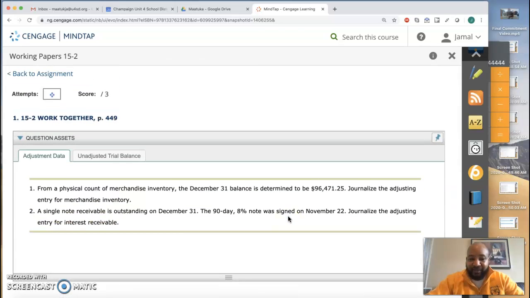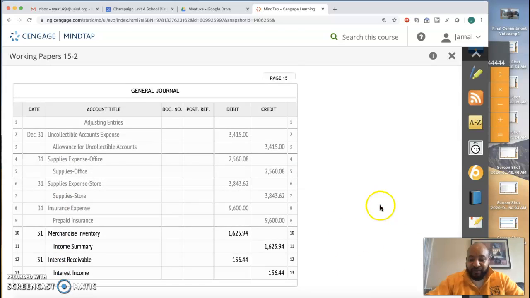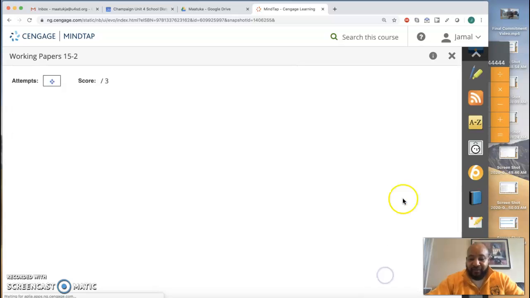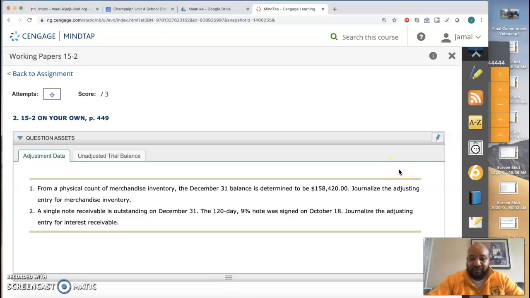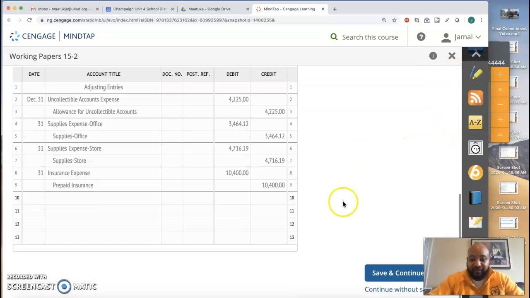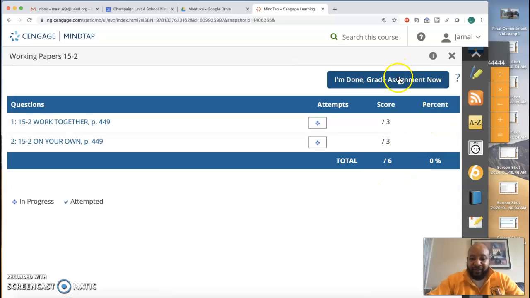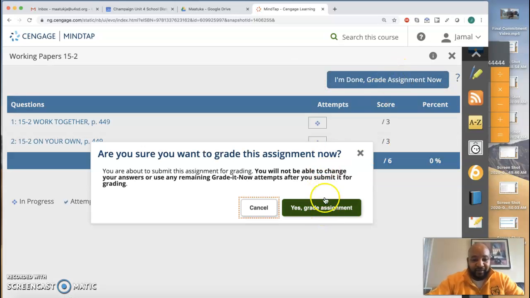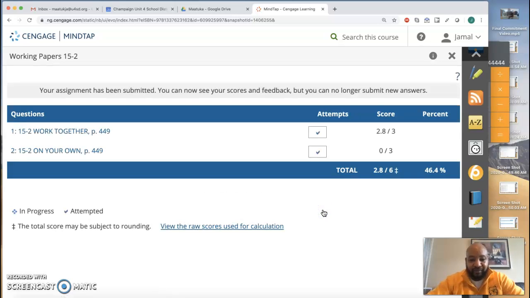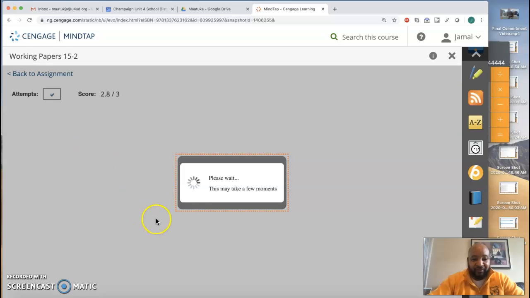That's my problem. Not save and continue. Let's go save and continue. Where's my grade? I'm done, grade assignments now. Yes. 2.83. Let's see if we got those right.